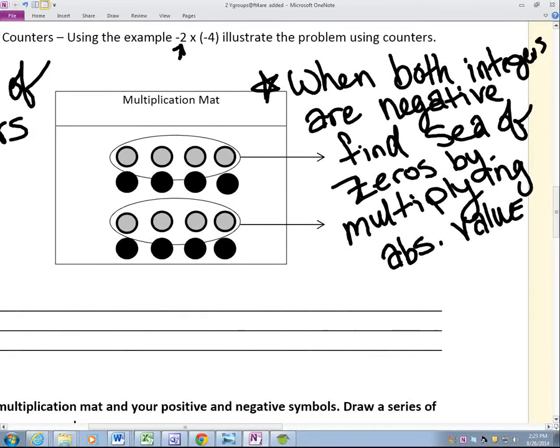So we're going to find the sea of zeros by doing absolute value. And that may seem kind of crazy and different. But just give me a second. After you get done writing, I'll show you what I mean.